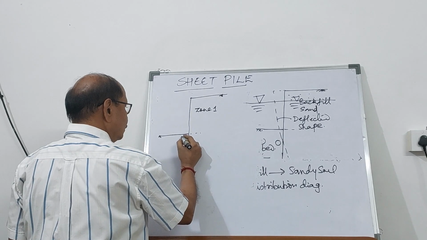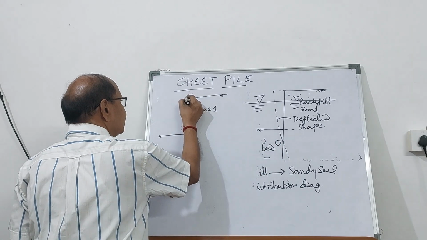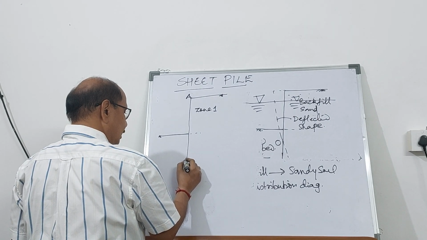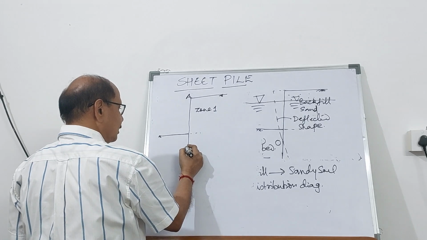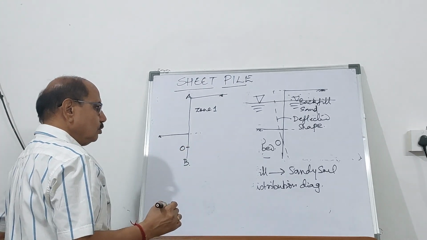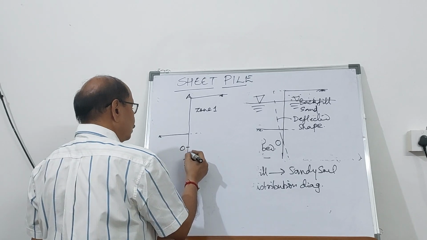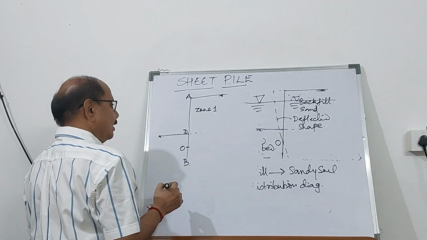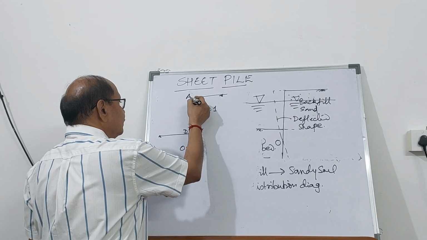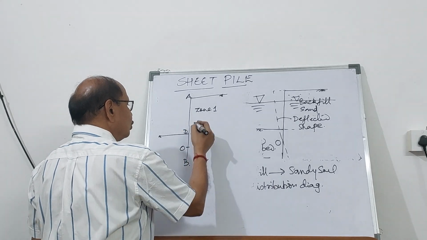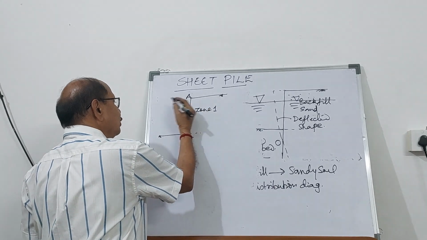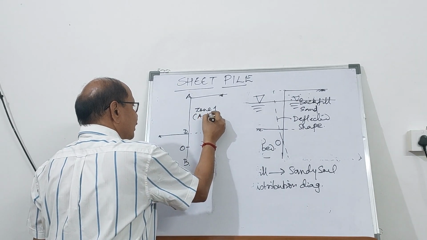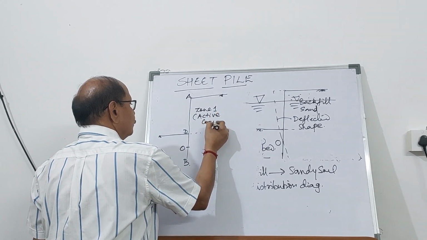So in this zone, let's say the top point is A, the bottommost point we call B, and this is the point of rotation O. So AB, I may call it as D, the dredge line. So between A and D, it is zone 1, and because it is going to deflect away from the backfill, it will be under active state or active condition.